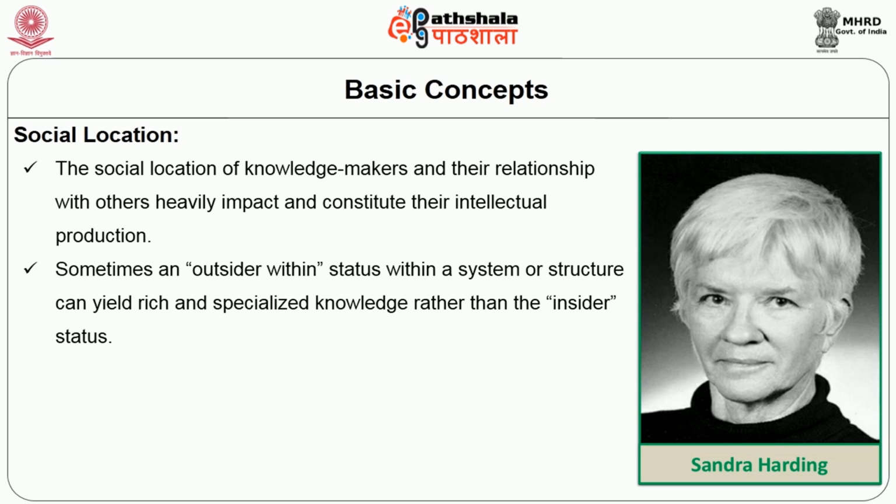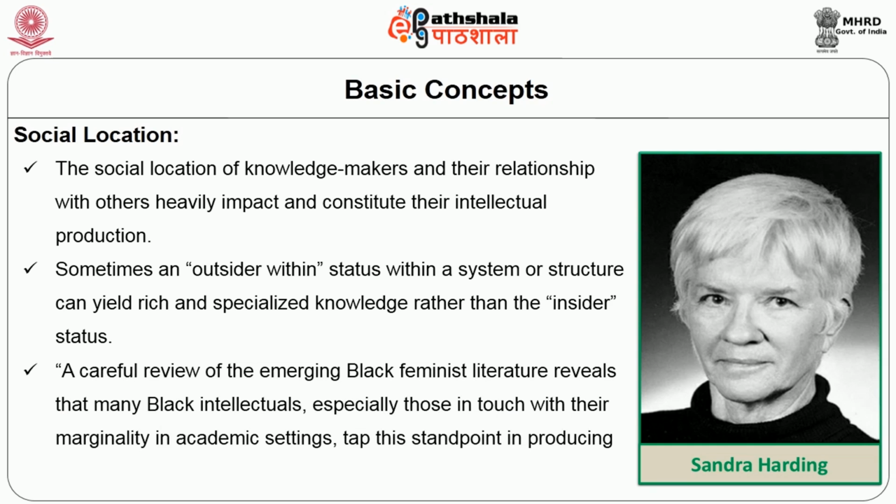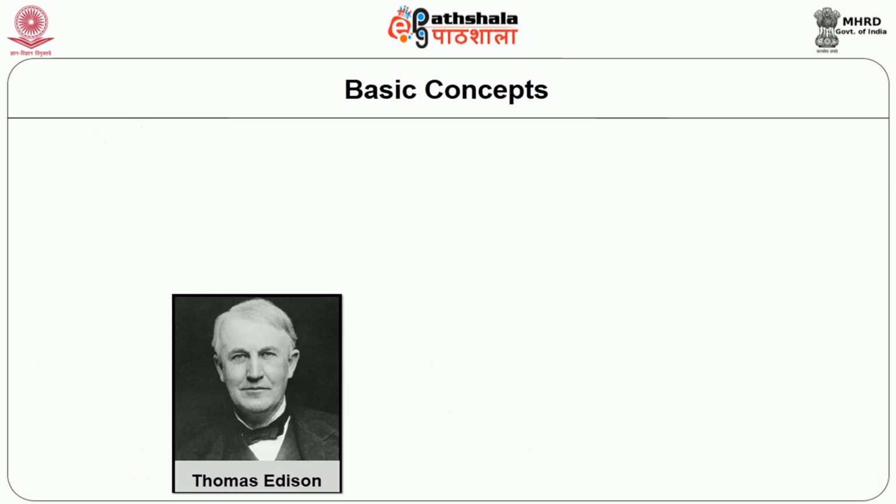Sometimes an outsider-within status, within a system or structure, can yield rich and specialized knowledge rather than insider status. A careful review of emerging black feminist literature reveals that many black intellectuals, especially those in touch with the marginality in academic settings, tap this standpoint in producing distinctive analysis of race, class, and gender.